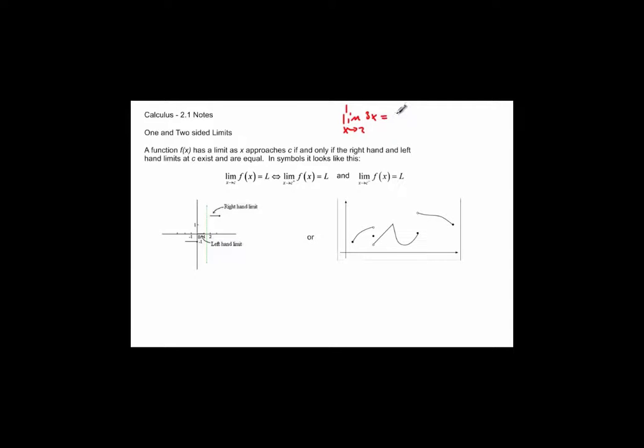What we're really saying is what's going on when x is 2, and the answer is the y value is approaching 6.